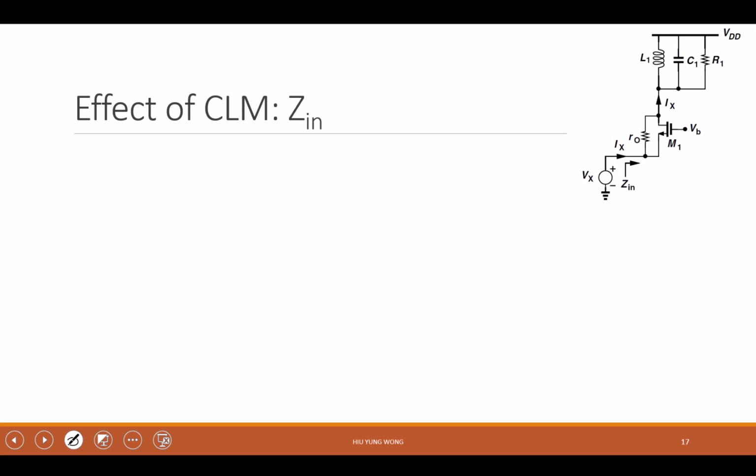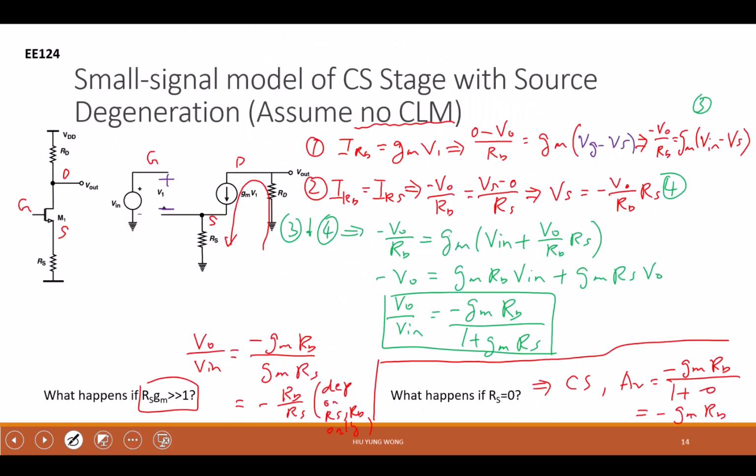What if we have channel length modulation? And we told you earlier that Vx divided by Ix equals R in, which is equal to R1 plus R0 divided by 1 plus GM R0. Why? Here.